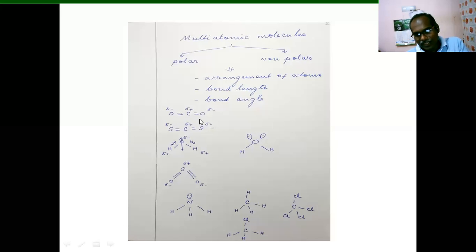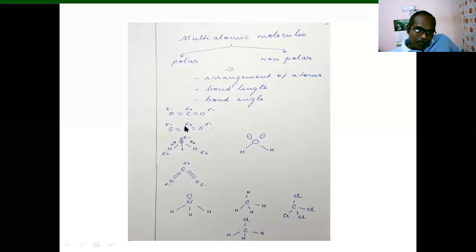But actually the center of the positive charge is here, and the center of the negative charge also falls on the same point because of the vectorial sum, because the dipole moment is a vector. So when you take the vectorial sum, the center of the positive charge falls over here, and the center of the negative charge also falls over here.